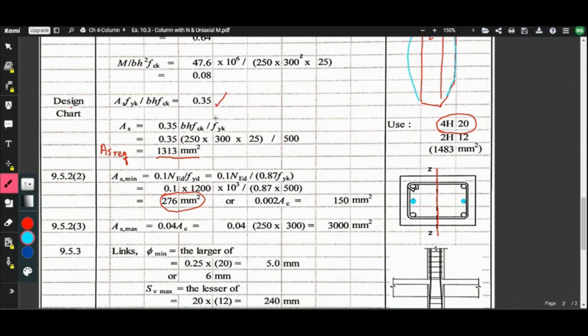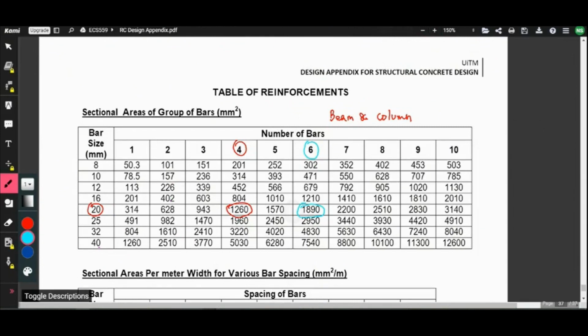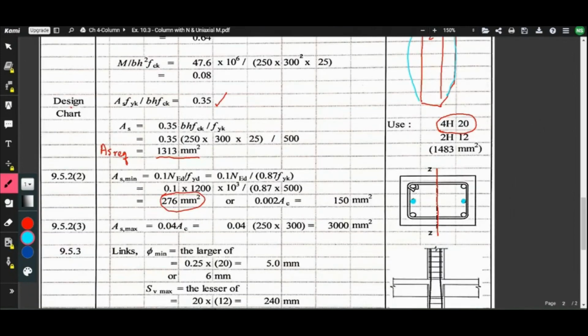For bar size 12, provide 2, so total would be 1260 plus 226, which is 1486.